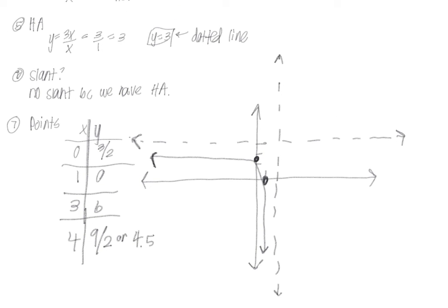So 3, 6 is right here. And for the x value of 4, it's 4 and a half. So about right there. And that's all you need.